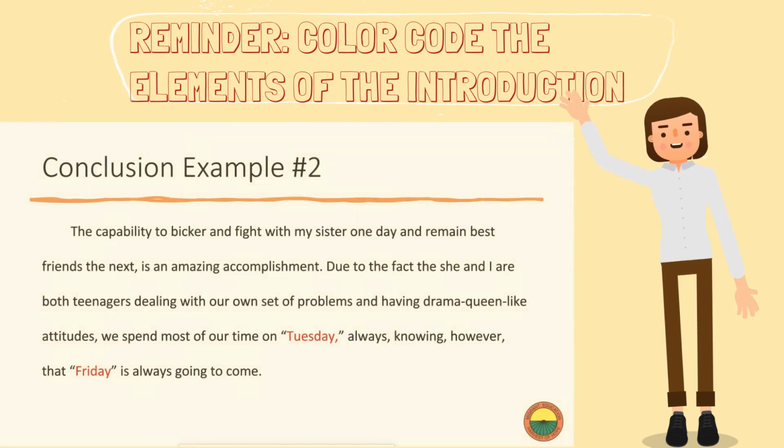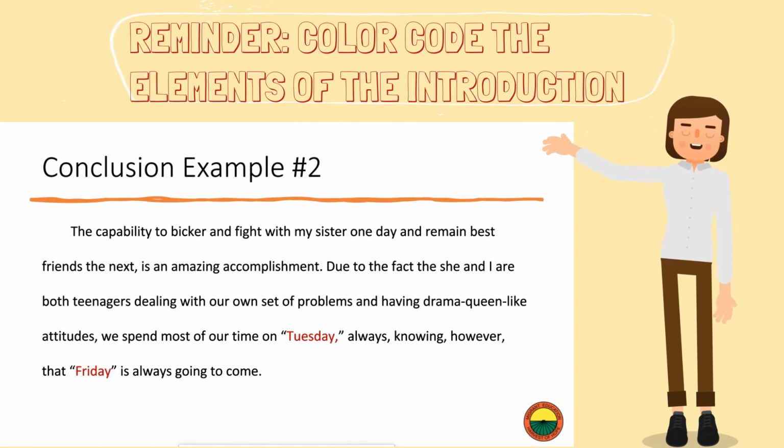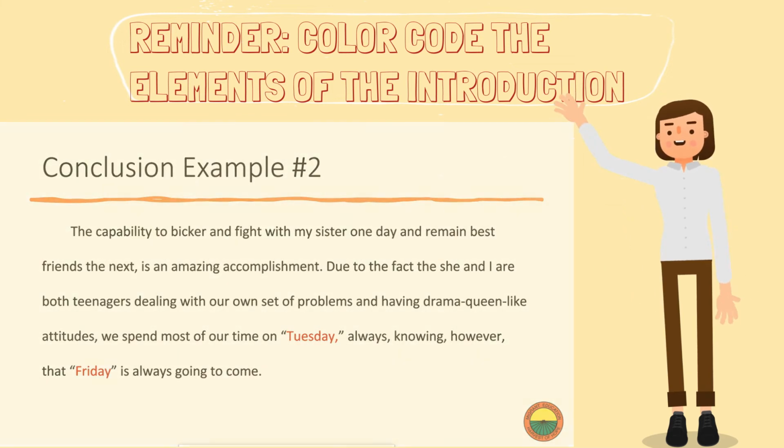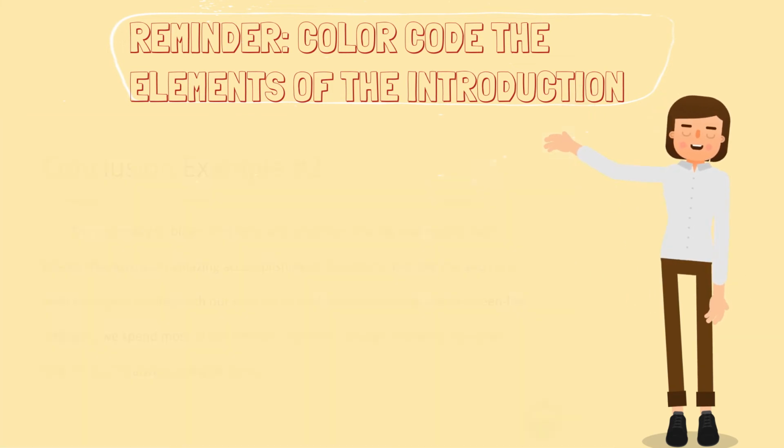The capability to bicker and fight with my sister one day and remain best friends the next is an amazing accomplishment, due to the fact that she and I are both teenagers dealing with our own set of problems and having drama queen-like attitudes. We spend most of our time on Tuesday, always knowing, however, that Friday is always going to come.